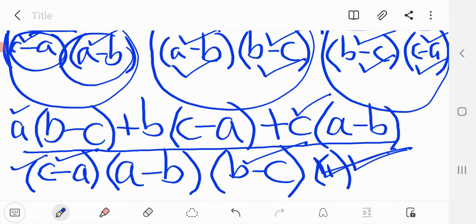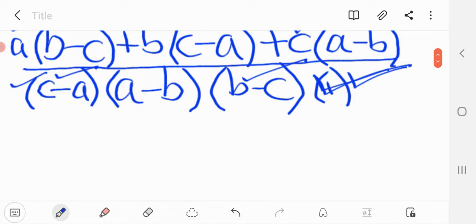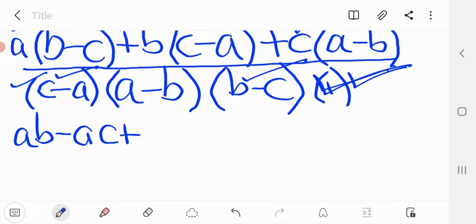Let me write the whole question in another step. So simplify it. Some terms may be cancelled, so at the end you will have your answer. It will become like this: a multiplied by b will become ab minus a multiplied by c, ac. Similarly, plus b multiplied by c, bc minus b multiplied by a, ab. ab and ba we can have both, because the commutative law is adopted.